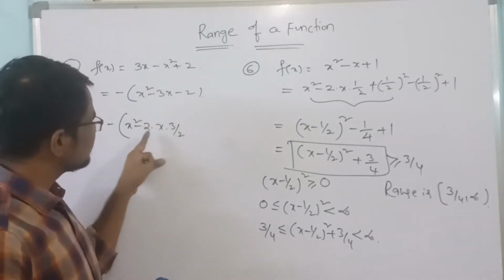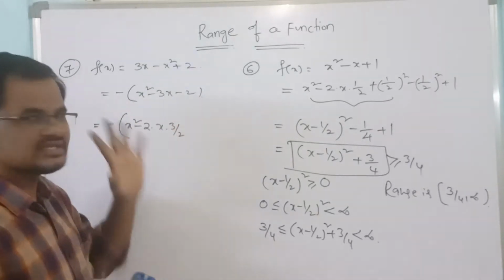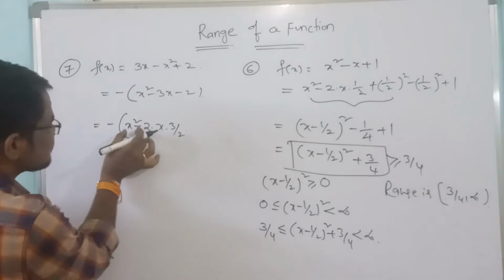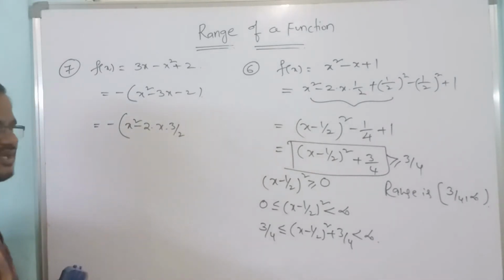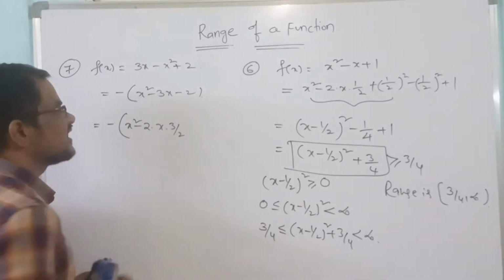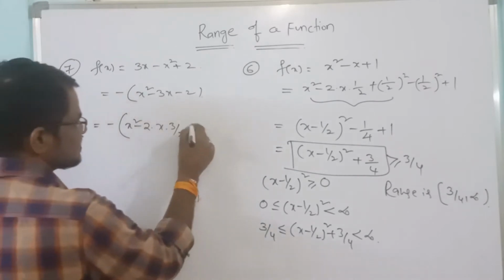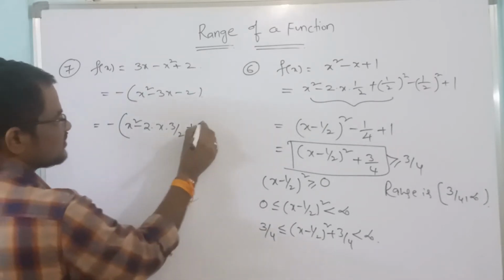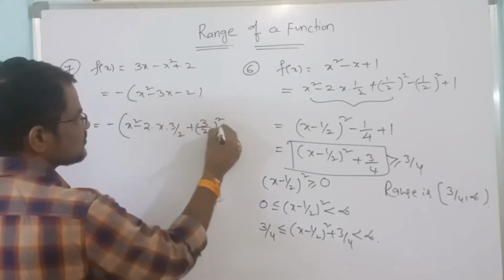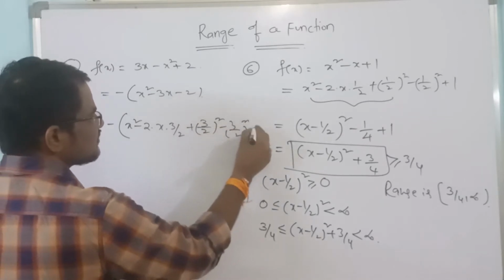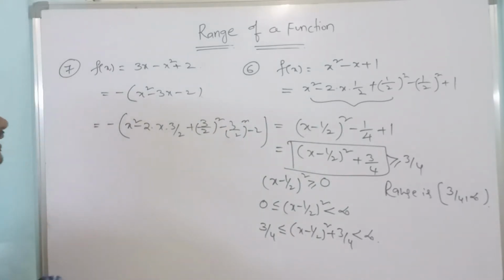So multiply and divide by 2. If you cancel this one, minus 3x only we get. So a square minus 2ab form is there. What is missing? To get the a minus b whole square formula, b square is missing. So in place of b, 3 by 2 is there. So 3 by 2 whole square minus 3 by 2 whole square minus 2 is there, right?